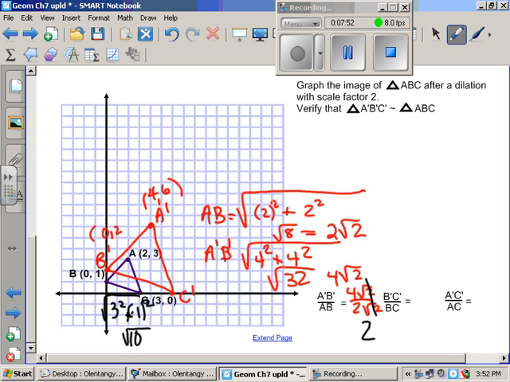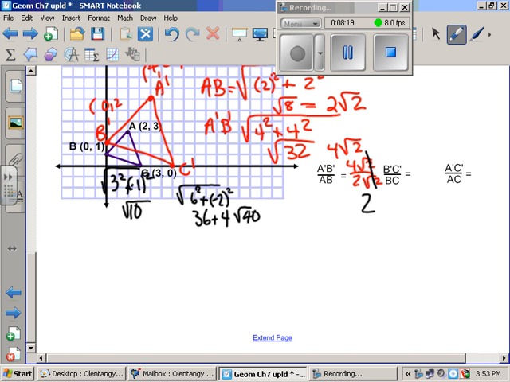B prime, C prime would be big giant square root. 6 minus 0 is 6 squared. And 0 minus 2 is negative 2 squared. So I get 36 plus 4, and that's square root of 40.